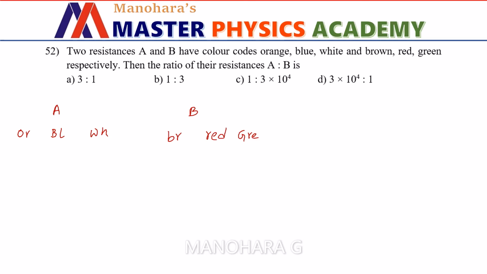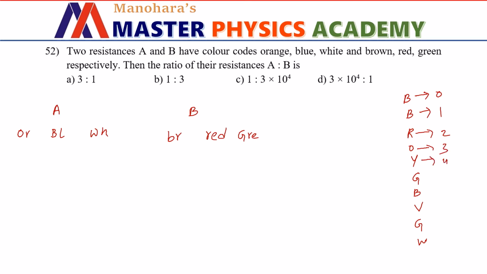So orange means BB Roy. You may be knowing this mnemonic: BB Roy goes to Bombay via gateway. So this is 0, this is 1, this is 2, this is 3, 4, 5, 6, 7, 8 and 9.